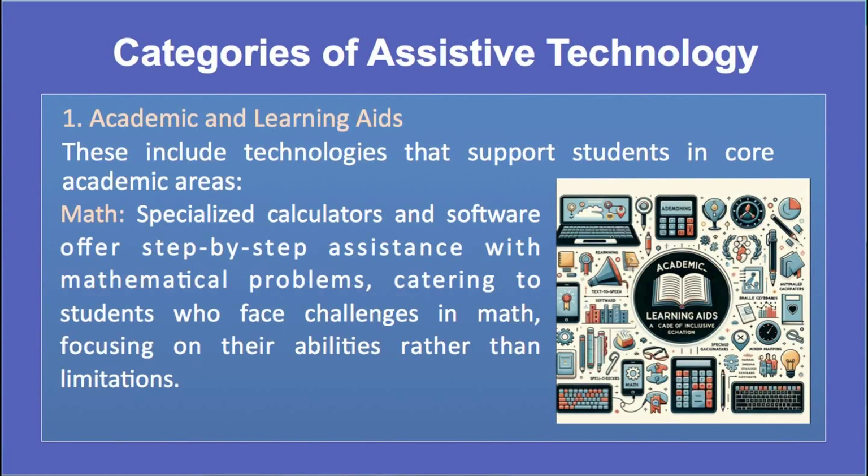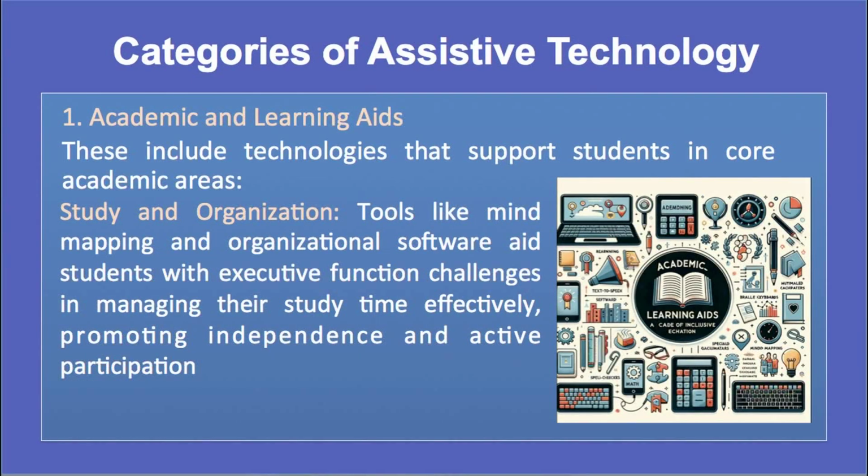Specialized calculators and software offer step-by-step assistance with mathematical problems, catering to students who face challenges in mathematics, focusing on their abilities rather than limitations. Study and organization. Tools like mind mapping and organizational software aid students with executive function challenges in managing their study time effectively, promoting independence and active participation.